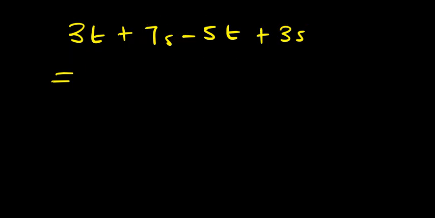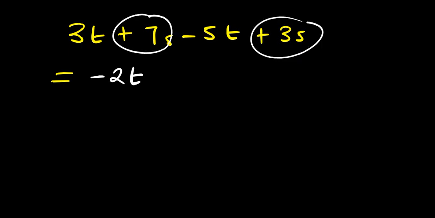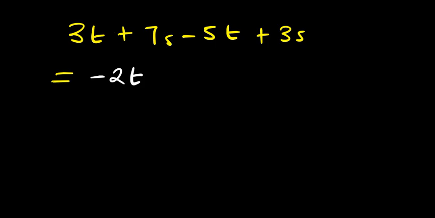Okay, so let's solve. 3t minus 5t, what is that going to give me? It's going to give me a negative 2t. Then when I come to the other side, I've got positive 7s and positive 3s. They are adding, so I'm just going to have a 10s. So that's how we solve this one.